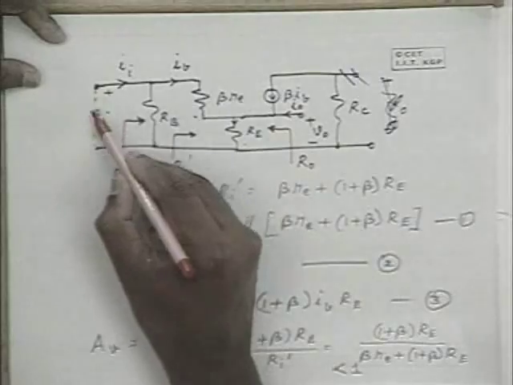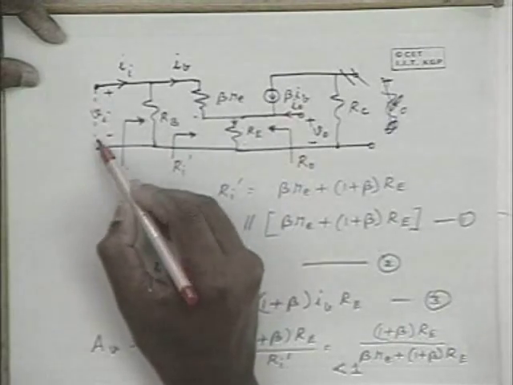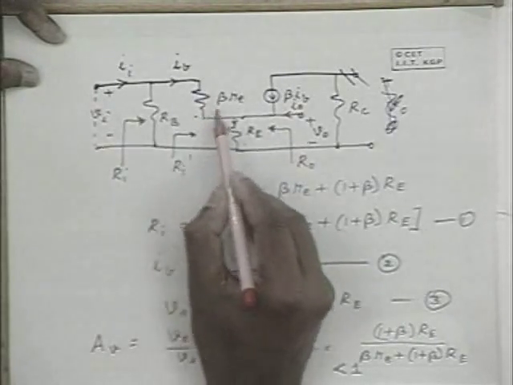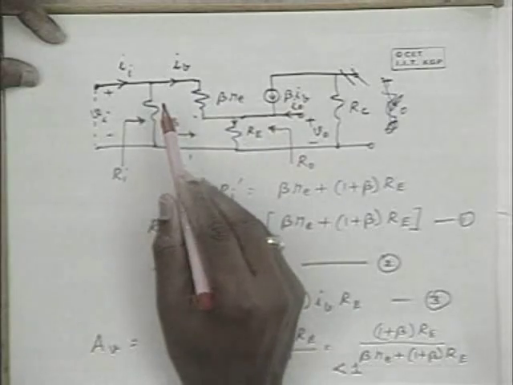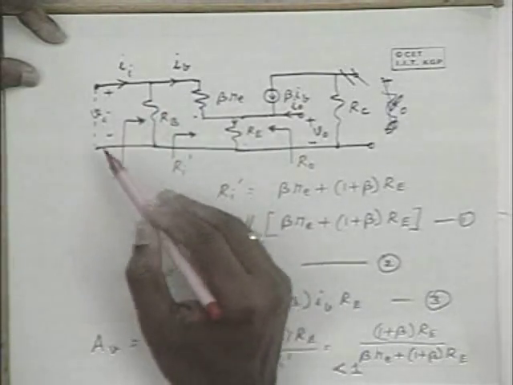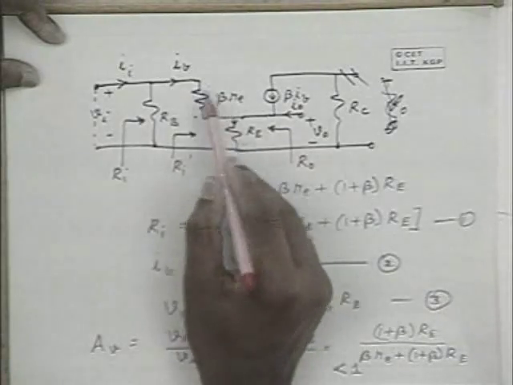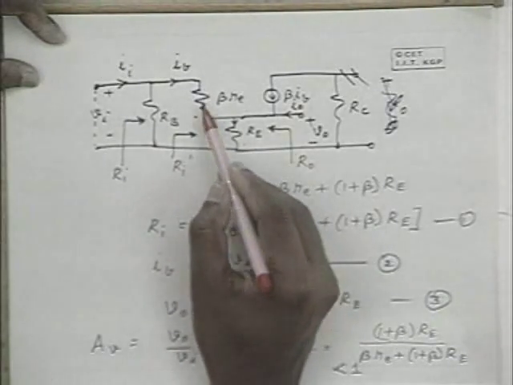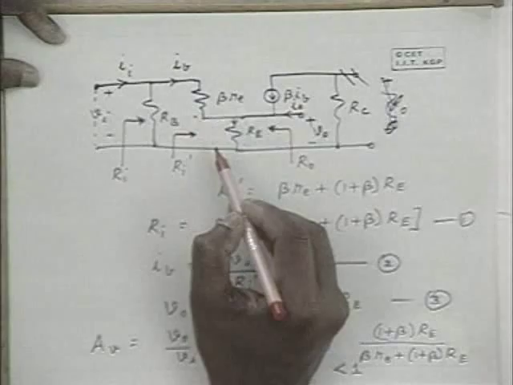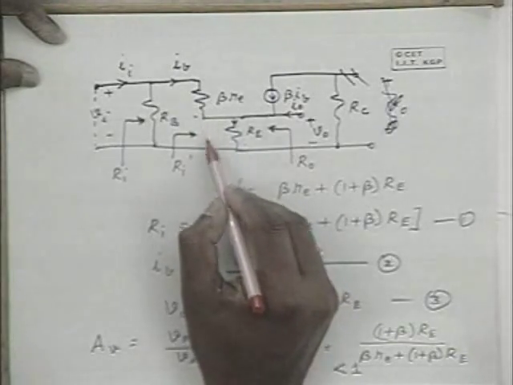And when you replace this input voltage by a short circuit, what happens to RB? RB is shorted, therefore RB doesn't come into the picture. And what happens to beta RE? Beta RE comes in parallel with RE.